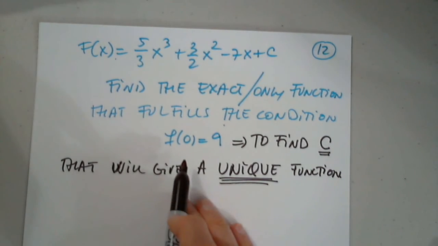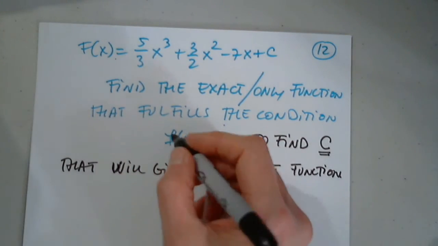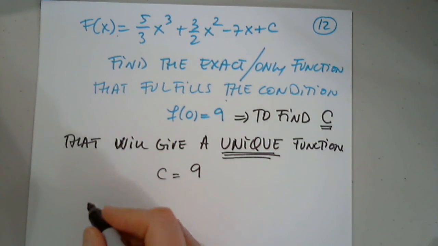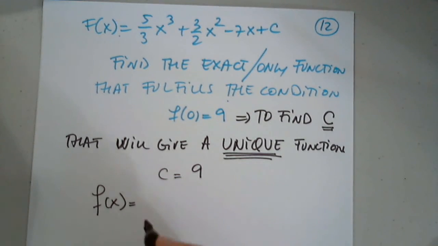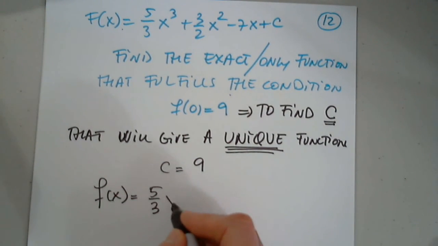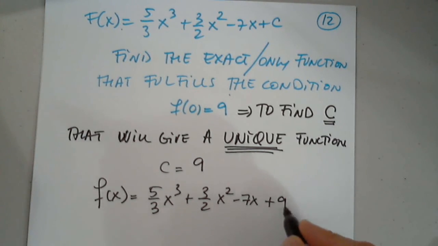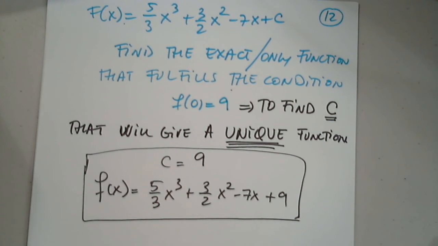So when I plug in 0, what do I get for c? 9. Very good. So now I would say, not uppercase F, but just a function, 5/3 x cubed plus 3/2 x squared minus 7x plus 9. This is the unique, the only one that fulfills the given condition.